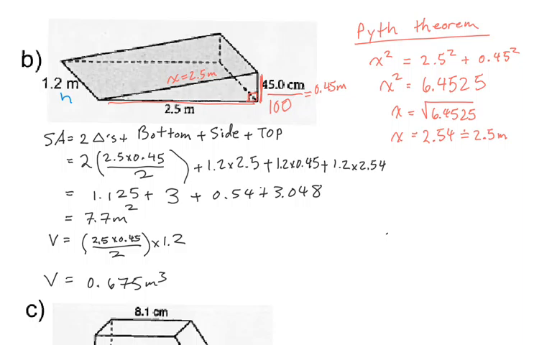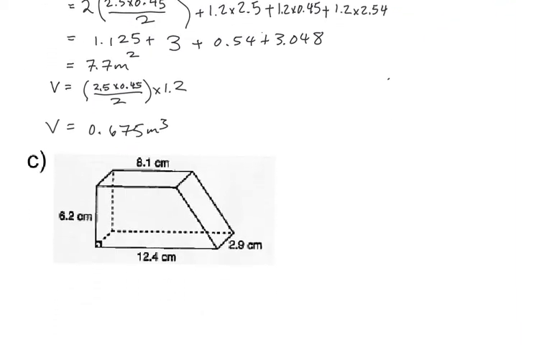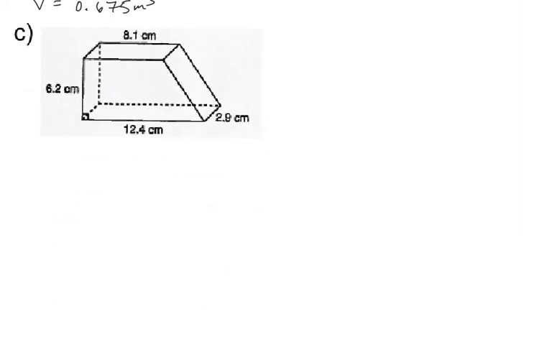Now we'll move on to calculating the volume and the surface area of this trapezoidal prism. The reason why it's called a trapezoidal prism is that I have a trapezoid here repeated on the back side of the prism. So this shape, if you recall, is called a trapezoid. Make sure you have a trapezoid equation on your cheat sheet for your test.